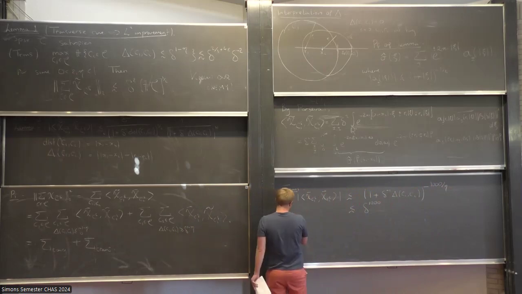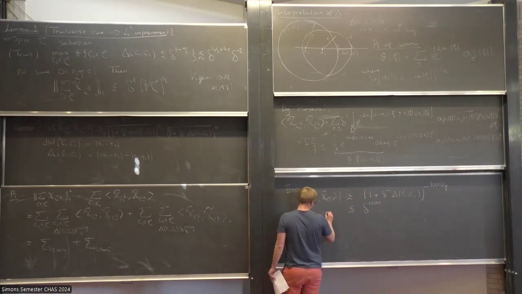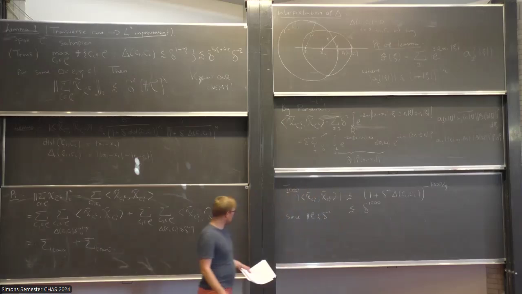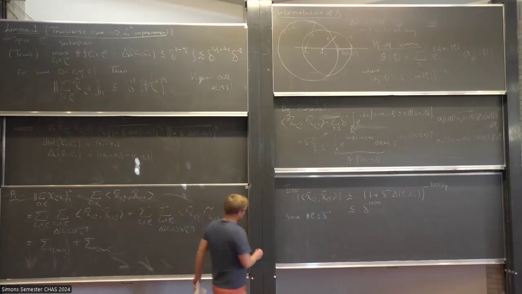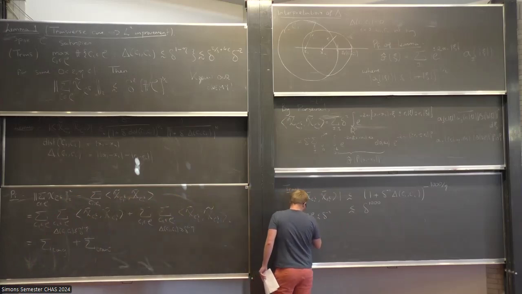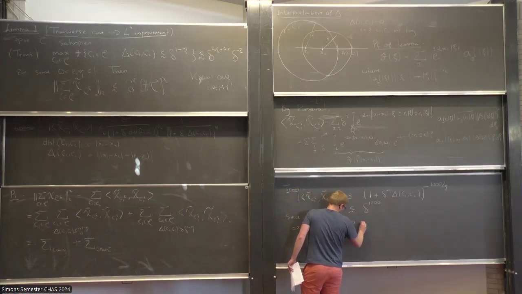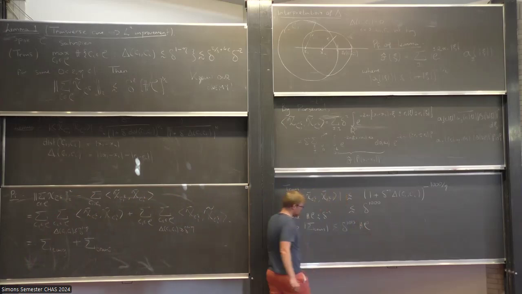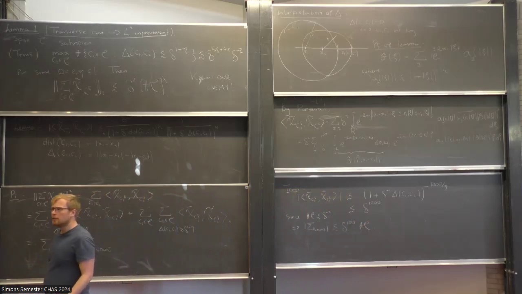And since there are not many circles in the collection, at most delta to the minus 2, that means that the transverse term is going to be tiny, which is definitely good enough for our purposes. Okay. Happy with that? So this is pretty trivial.